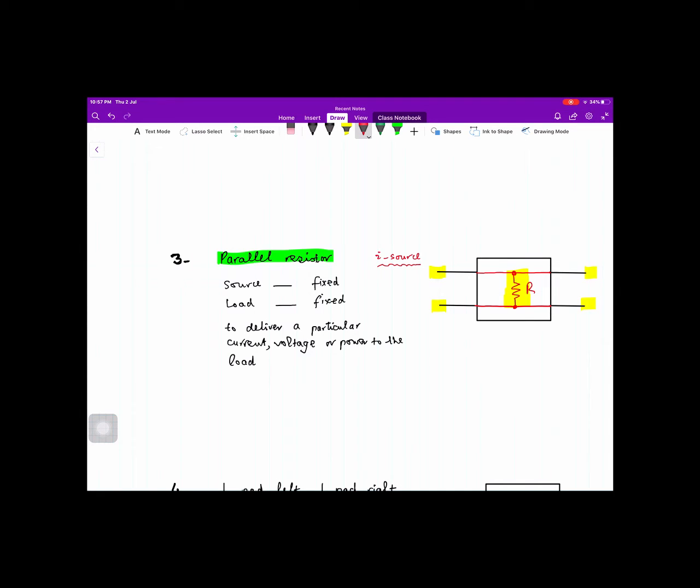Again, we would like to maintain some voltage and some current over here, to deliver a particular current, voltage and power to the load from a fixed source. Note that source and load both are fixed, and we will only be changing this resistance in this interface.